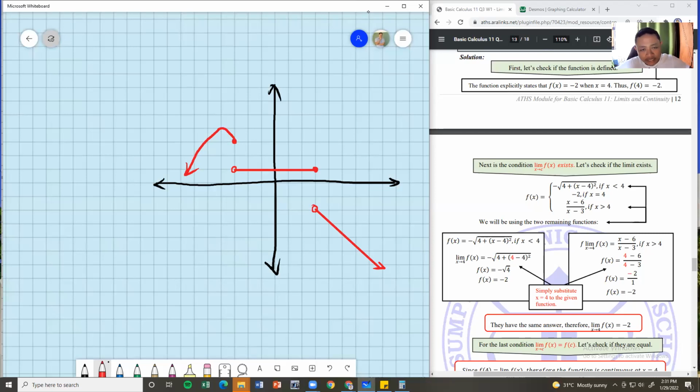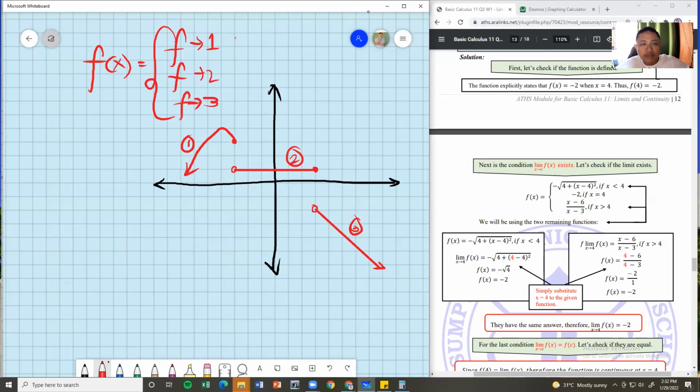So this is an example of a continuous function wherein when you do the function of this piecewise function f of x, this will be equal to the function of this 1, 2, 3. The function of 1, kung ano man yung function ni 1, and then sa function ni 2, at saka sa function ni 3.